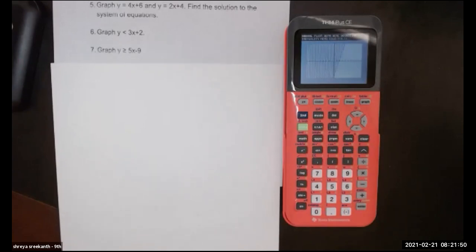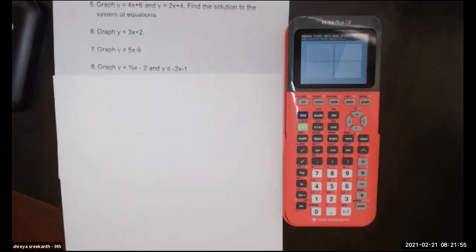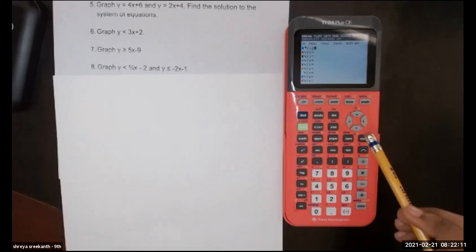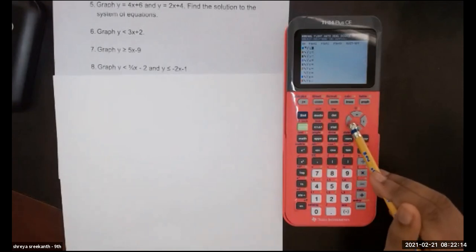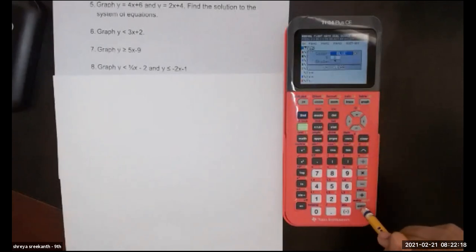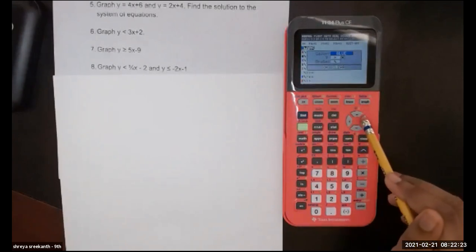For the next one, we're going to graph a system of inequalities. Graph y is less than 3/4 x minus 2, and y is less than or equal to negative 2x minus 1. To graph this, we go here, we can clear out the previous equation, and we have to get the less than sign. So we go to the left until the entire box highlights, press enter, go down, and select the less than sign.